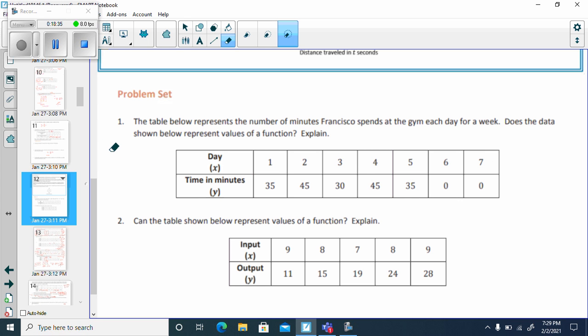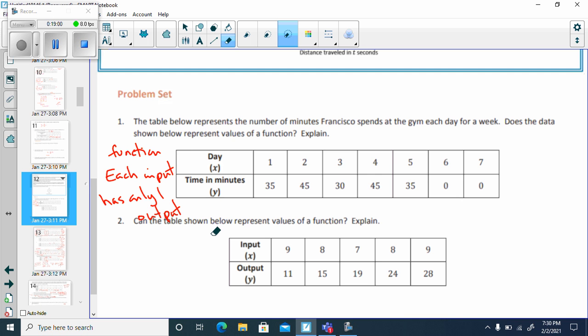Okay, so it is a function. The reason is because each input has only one output. Okay, that's the reason that's a function.